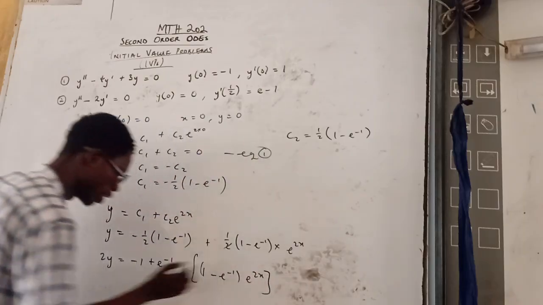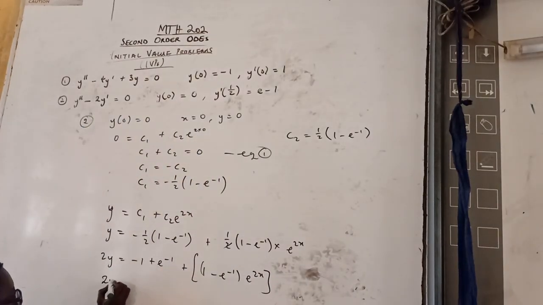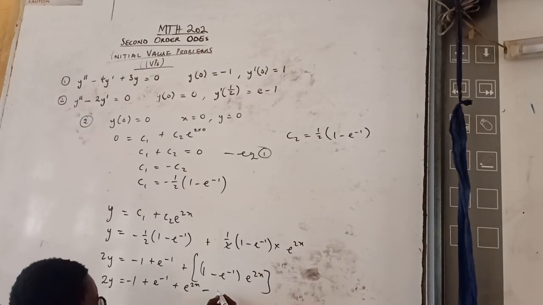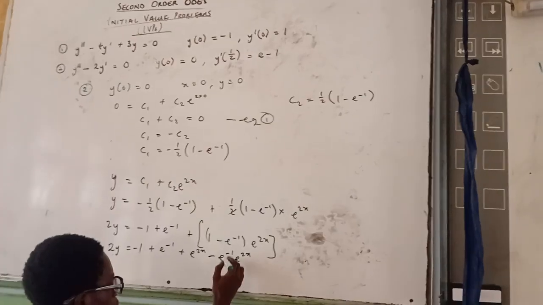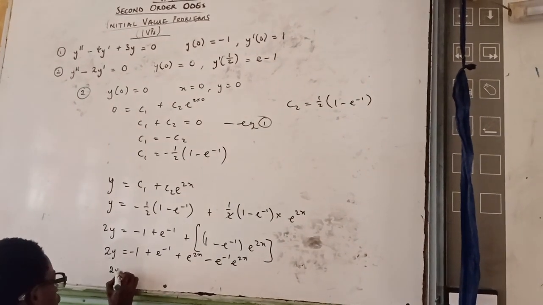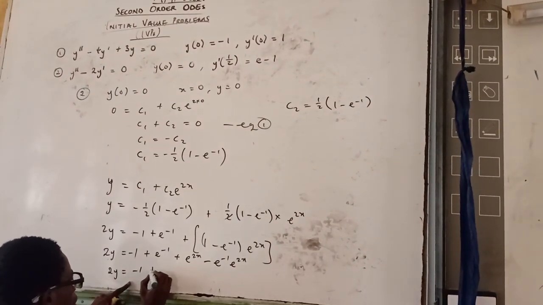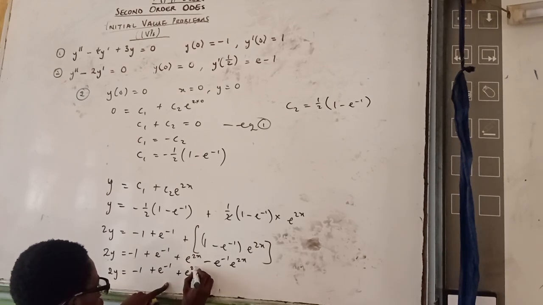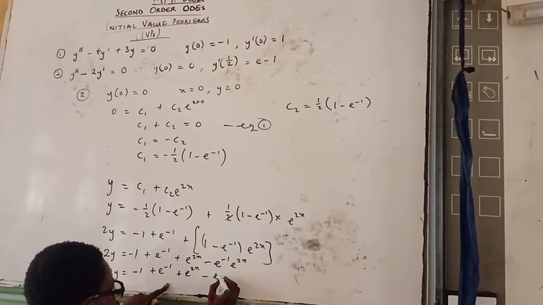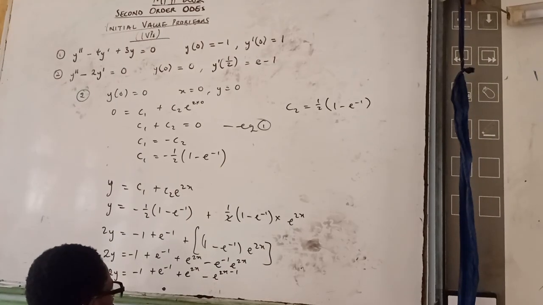If I open this bracket, I'm going to have 2y equals minus 1 plus e minus 1 plus e raised to power 2x minus e minus 1 e raised to power 2x. If I add these two together, I'm going to have 2y equals minus 1 plus e minus 1 plus e raised to power 2x minus e raised to power 2x minus 1.